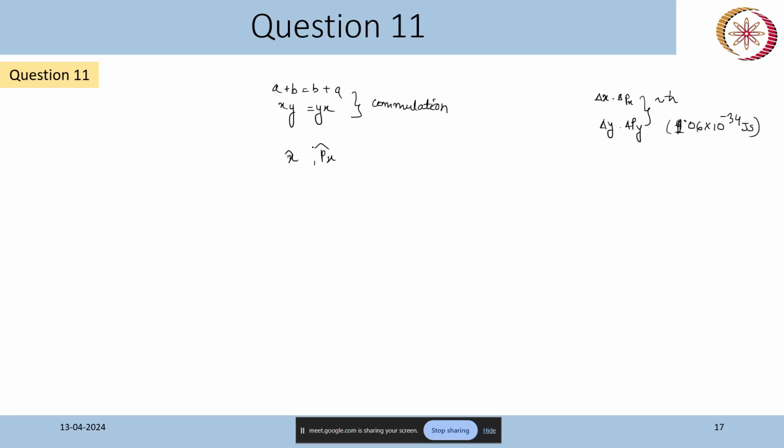If the order does not matter, like if you first use the momentum operator, then the position operator, or first the position operator, then the momentum operator, and the final output does not depend on the order, then these two operators are called commutative. But these two operators are actually non-commutative.